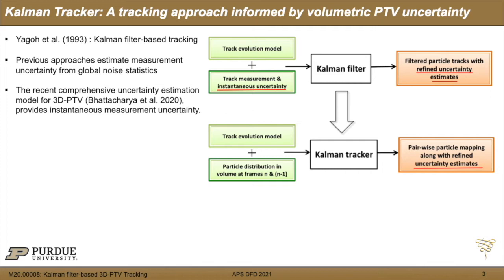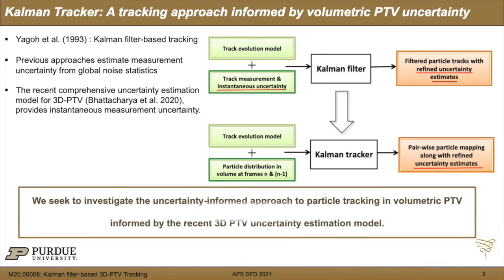However, the recent PTV uncertainty estimation model proposed by Bhattacharya et al. 2020 provides a systematic approach to estimate the particle position reconstruction uncertainty. Hence, in this study, we seek to investigate the uncertainty-informed approach to particle tracking through the Kalman tracker algorithm, which is now informed by the recent 3D PTV uncertainty estimation model.